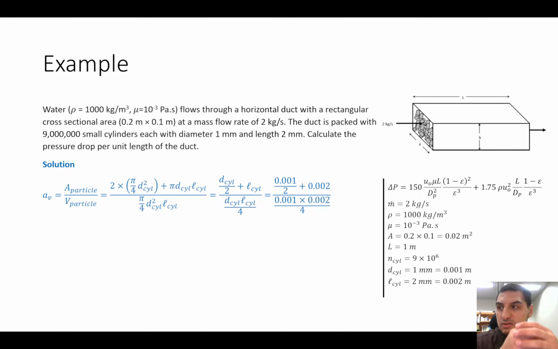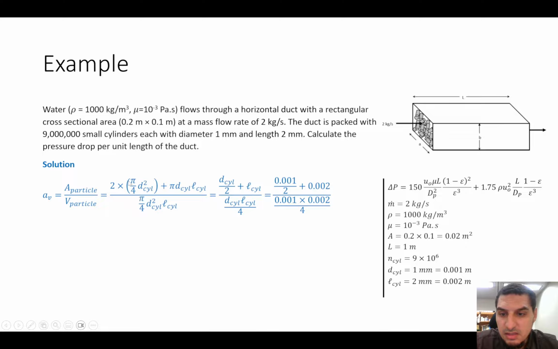It's a cylinder, so it has the cylindrical part, and it has an area from this side and from this side. So it has two circles and the outer cylindrical surface. So it's 2 times pi over 4 d square plus pi d l, over the volume, which is the area times the length, which is pi over 4 d square times l. With some simplification, we can cancel the pi.